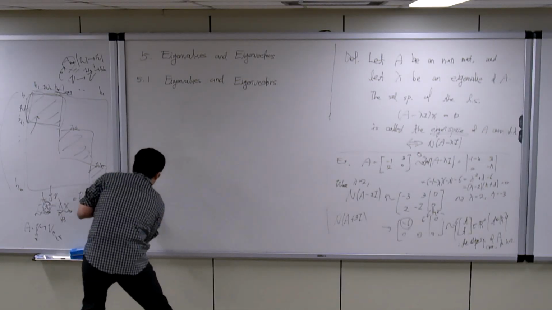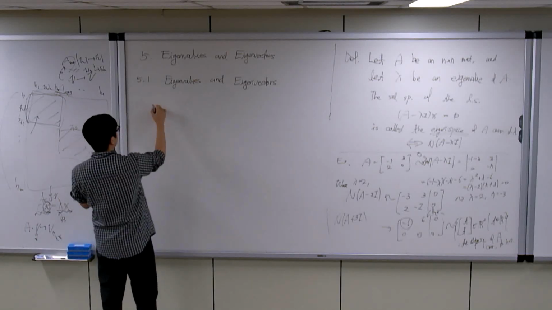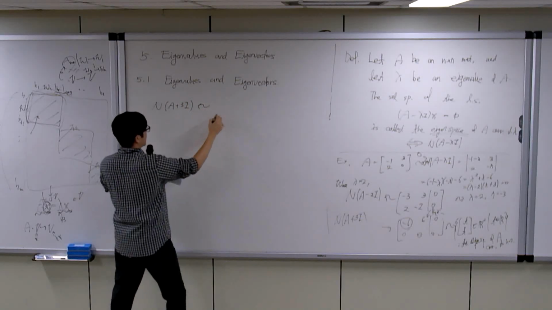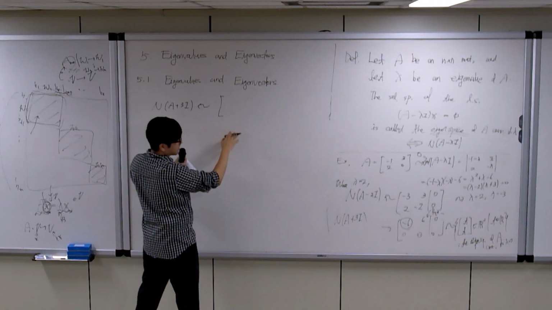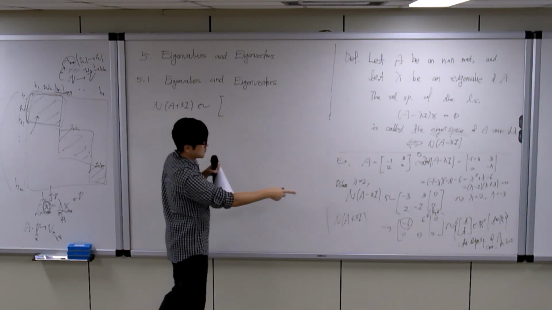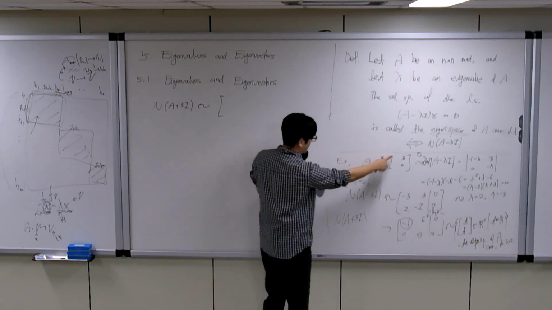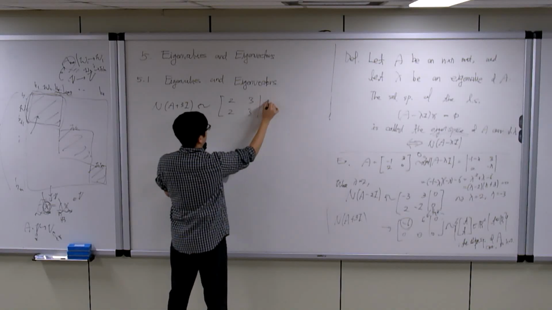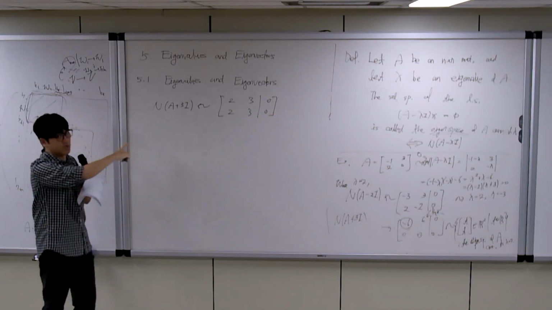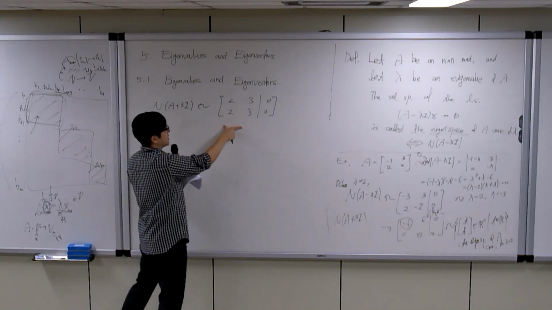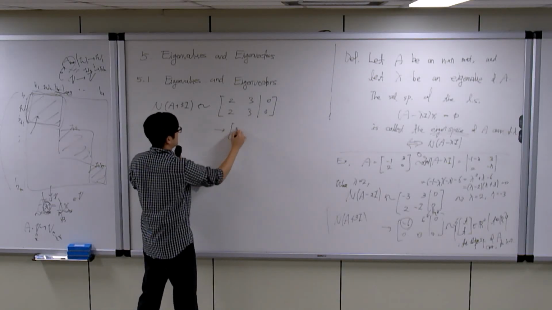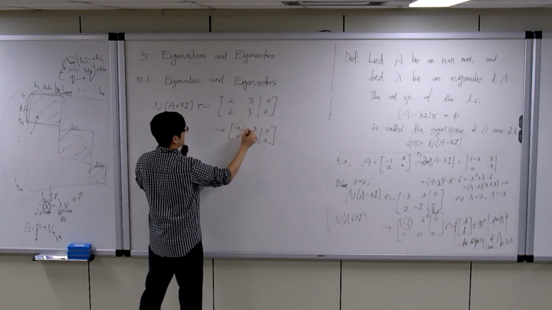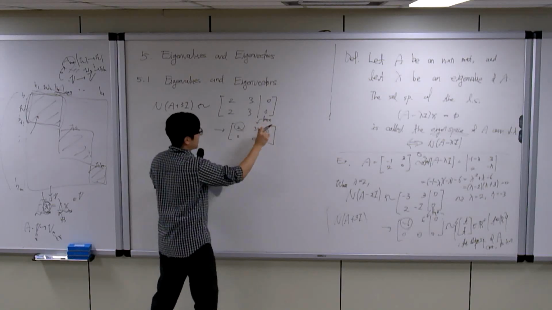Let's calculate it. The null space can be obtained by calculating the solution of the matrix with entries minus 3, 3, 2, 3, 2, 3, and the null space will come from the solution set, which has one leading term and one free parameter.